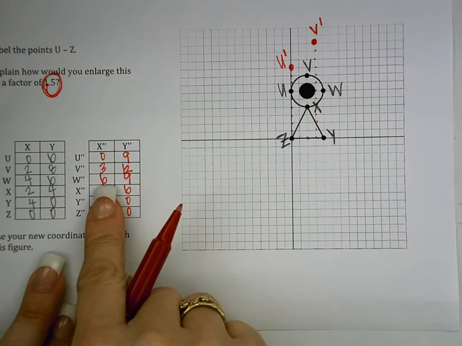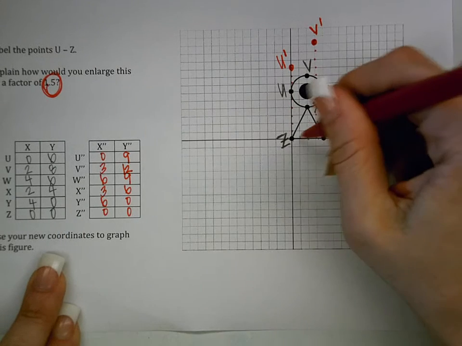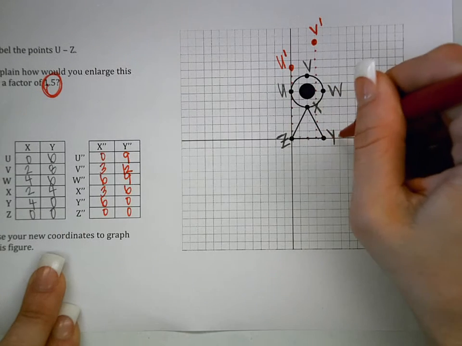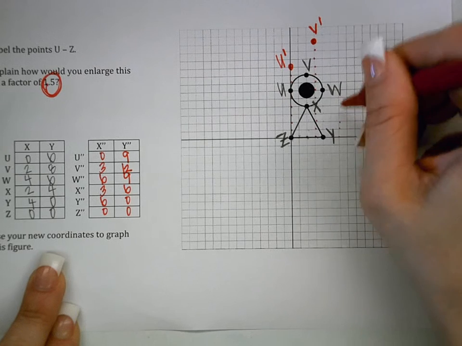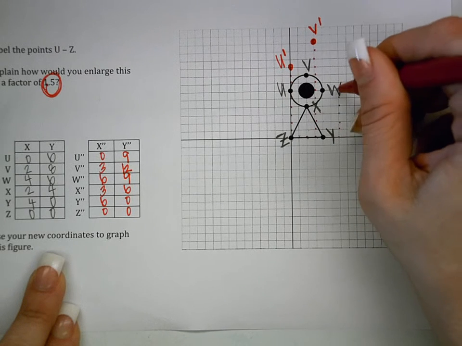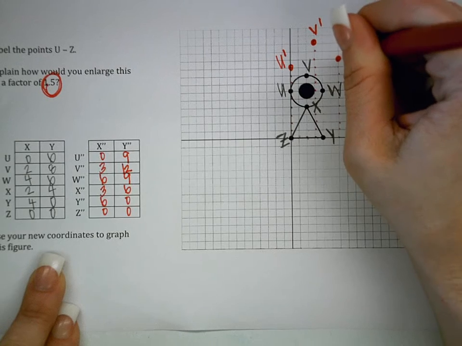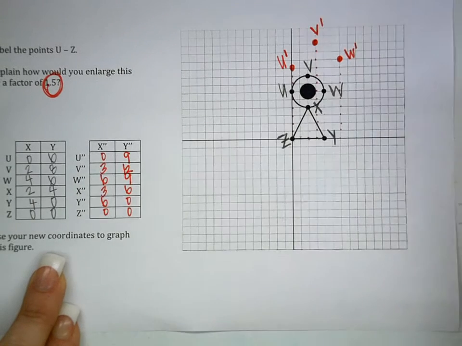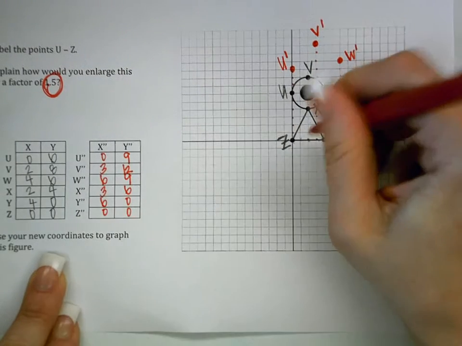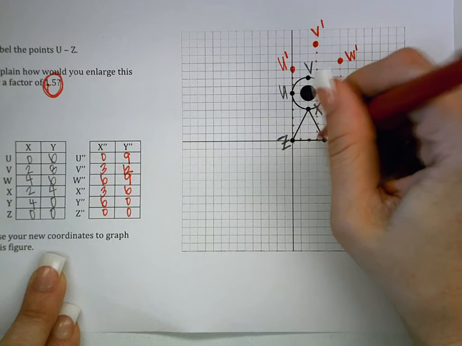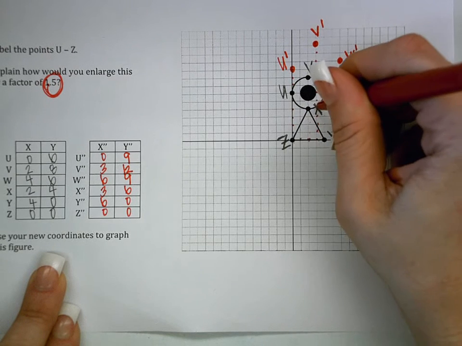W is over 6, up 9. So over 1, 2, 3, 4, 5, 6, up 1, 2, 3, 4, 5, 6, 7, 8, 9. That's W prime. X is over 3, up 6. So 1, 2, 3, up 1, 2, 3, 4, 5, 6.